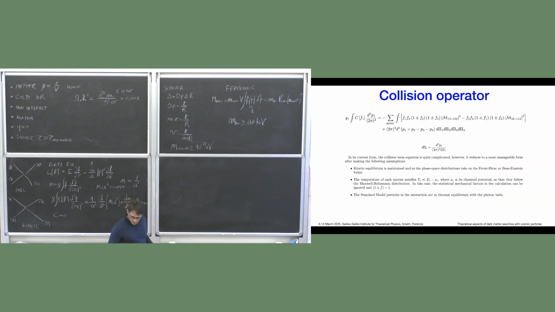So generally speaking, the collision operator takes into account a sum over the degrees of freedom of the particle, so the spin, and an integral over the amplitude of the process. In particular, 1, 2, 3, 4 means, in this case, 1, 2 is the dark matter, 3, 4 are standard model particles.